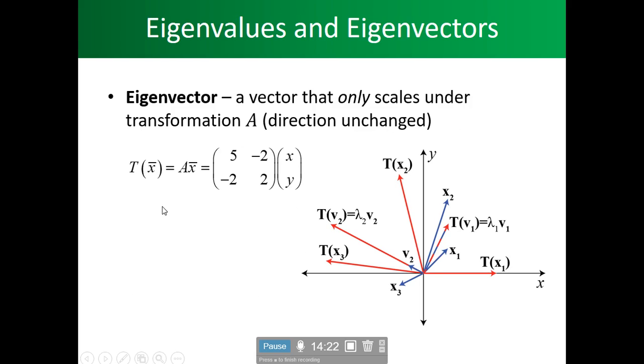Okay, so as you can look here, you can see that we have T, we have A of x, and here's A of x, and we have x and y.